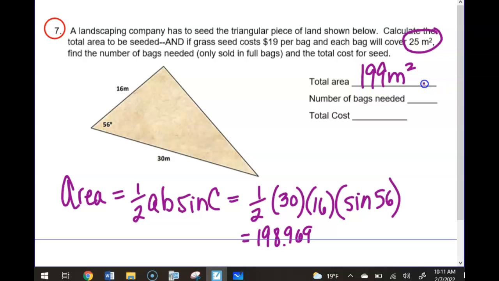That's 200. You would be dividing, but I think most of us could figure that out. 8 bags. So times $19. To 152. All right.